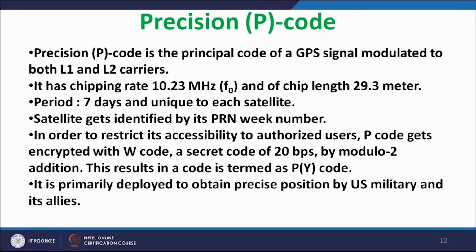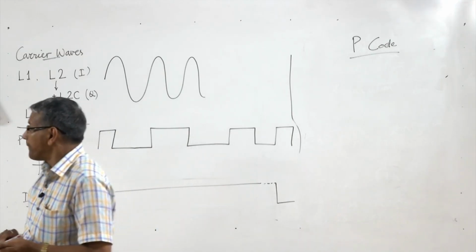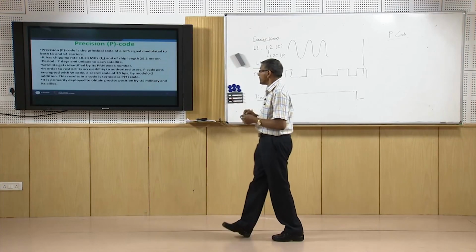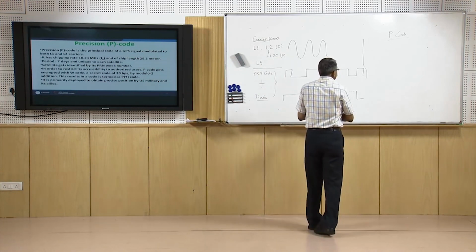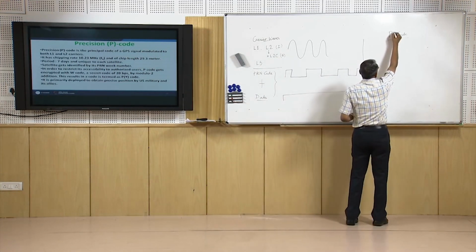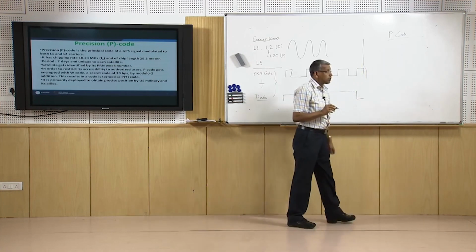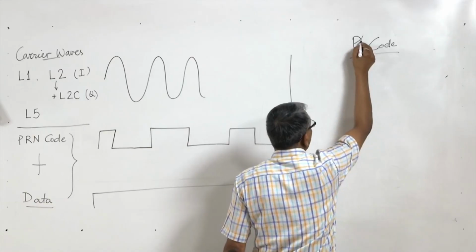Now let me start with the P code or precision code. The P code or precision code is actually developed for military use, but for civilians it is the PY code.